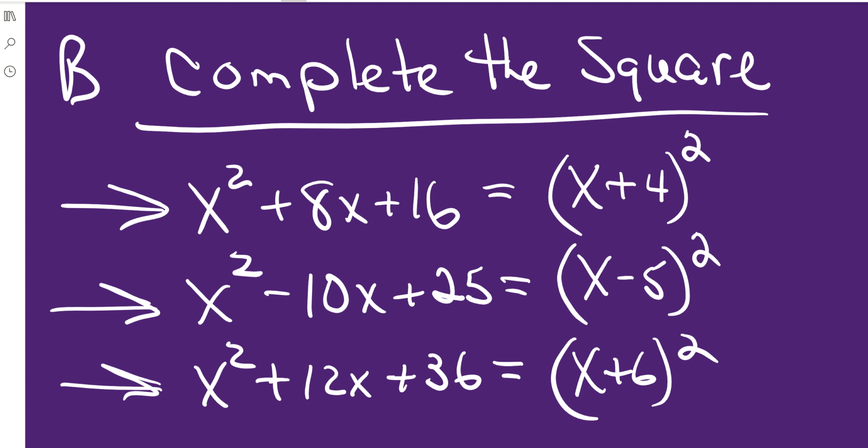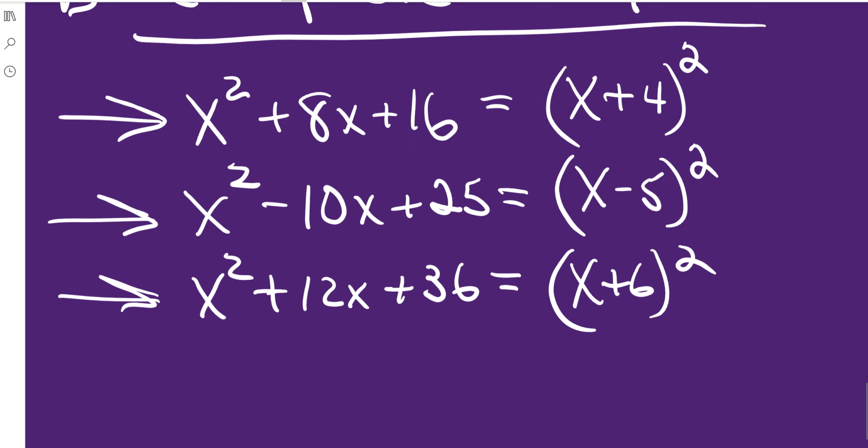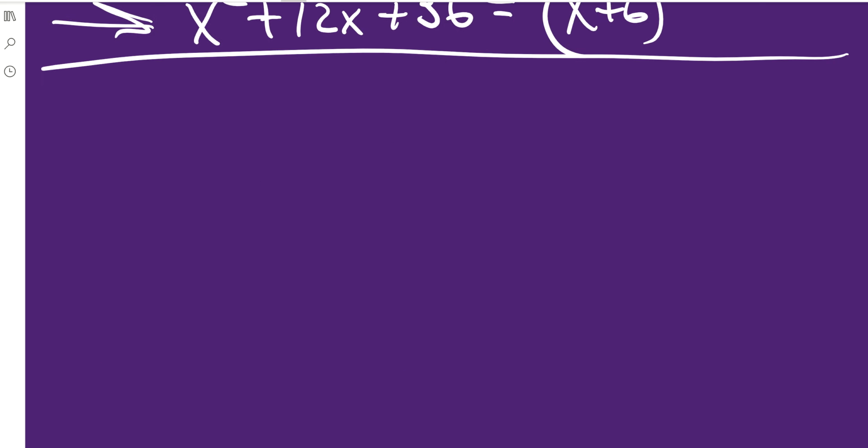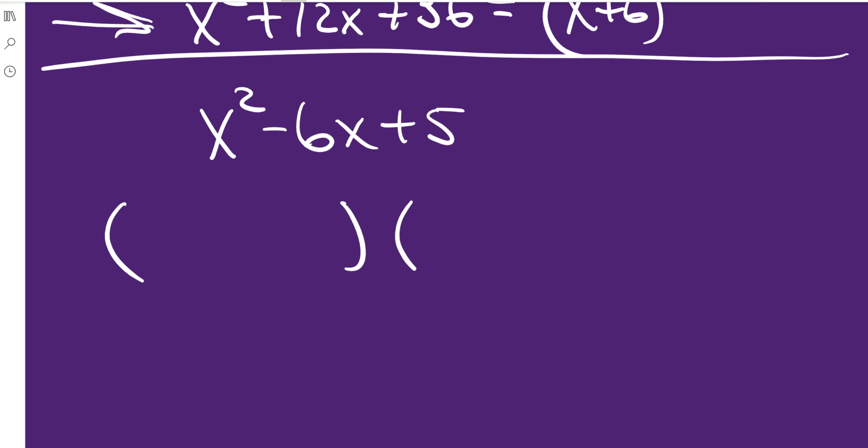All right, so here's another example of where I'm going with this. Now, this is a problem that we can solve by not completing the square, just in traditional ways. So if I have x squared minus 6x plus 5, then I could factor this with two binomials, equals 0, of course.